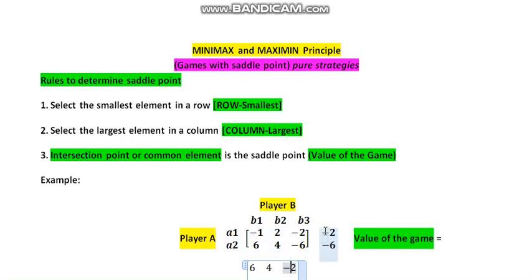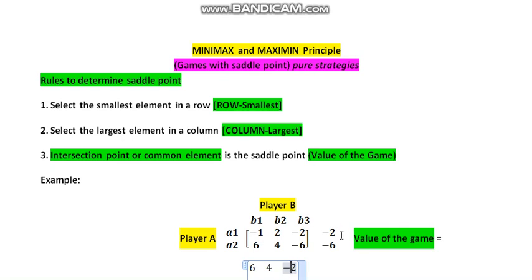There is also another way of finding this. We can say the largest element among the smallest elements is minus 2, and the smallest element among the largest elements is minus 2. So there are two different ways through which we can identify that.